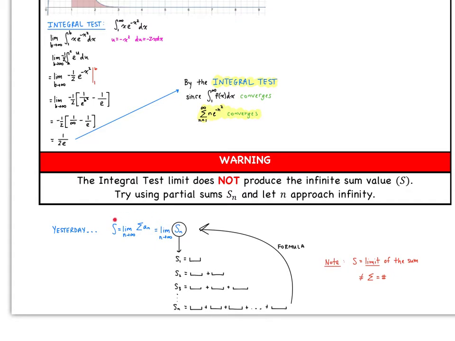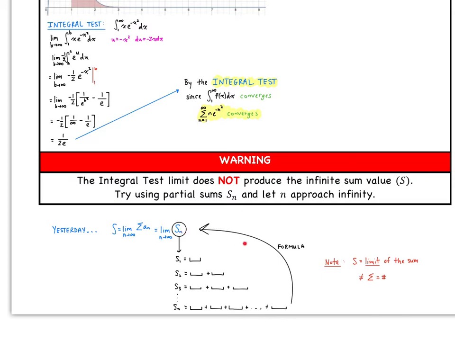Remember, we need to use the partial sums S sub n and let n approach infinity. That's how we get what the series converges to. Remember, the last couple of days, we said S is the limit of that series, or the limit as n approaches infinity of S sub n. And S sub n is just the sum of those terms.